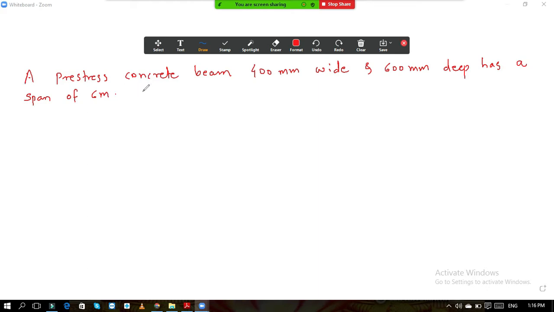The beam is prestressed with a tendon bent as shown in figure.